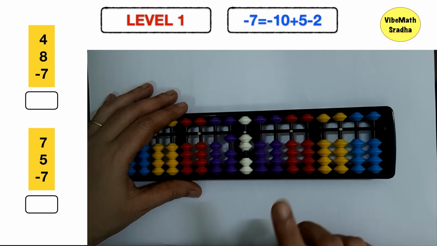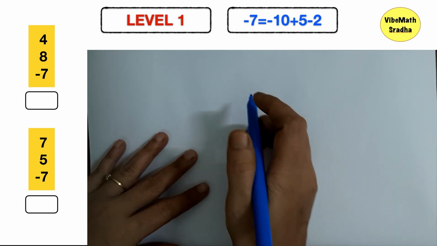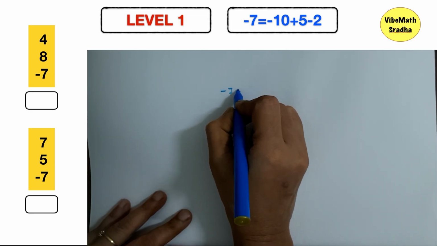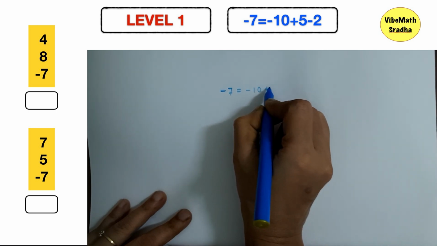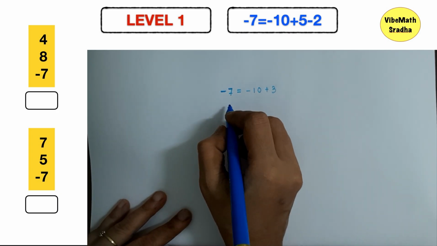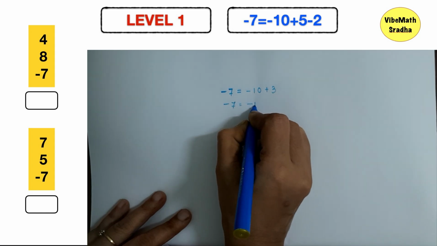Okay. Let me first write the formula. As we all know, the big friend subtraction of 7 is: minus 7 is minus 10 plus 3, isn't it? Then I will be writing this formula in the form of combination formula. So, minus 7 is minus 10.